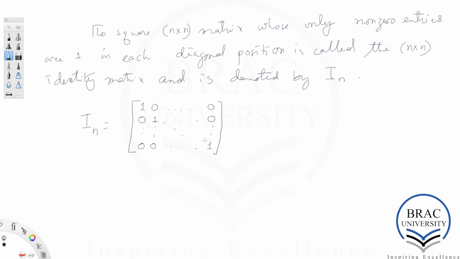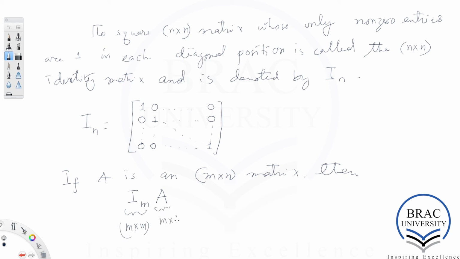Okay, and you should be able to check that if A is an m times n matrix, then the following holds: I sub m times A. You see that this is well defined, since I sub m is of size m times m and A is of size m times n.